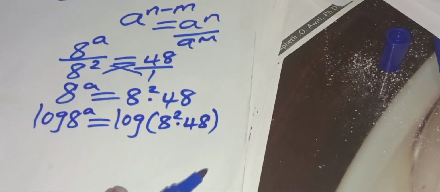Okay, so log 8 to the power a is in the form of log m to the power n, which is equal to n log m. Applying the power rule property, log 8 to the power a becomes a log 8, which is equal to log 8 to the power 2 multiplied by 48.